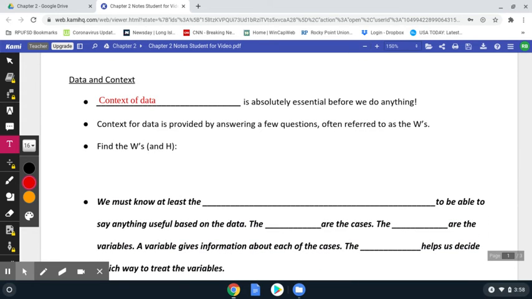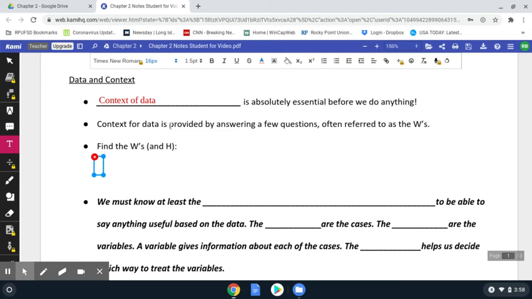Well, that's kind of a little bit of a misnomer, because we actually have an H thrown in there as well. So our W's, and this might go back to your English class, consist of the who, the what, the why, the where, the when, and here's our non-W, although it ends in a W, the word how.